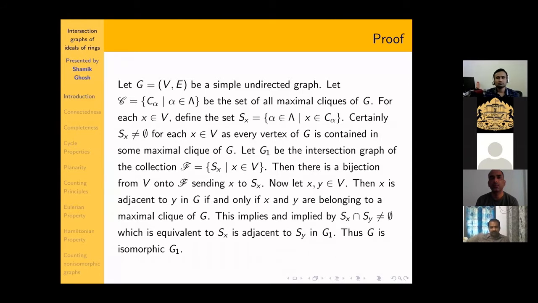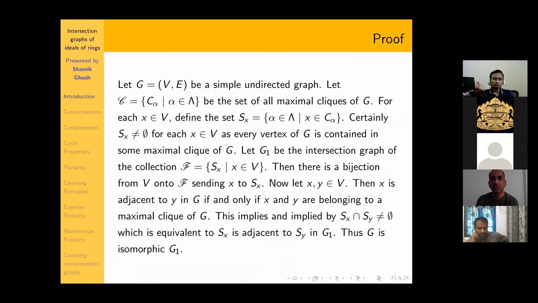And then you can see it sets up a bijection between the set of vertices and this collection of Sx. Now, if we consider the intersection graph of this collection Sx, you will see it is the same as the graph G, because if we pick two vertices x and y from the vertex set of G and they are adjacent, then they are joined by an edge, and that edge must belong to a maximal clique.